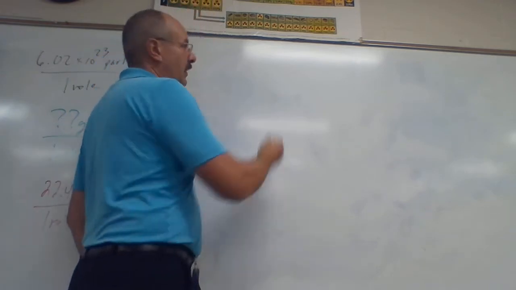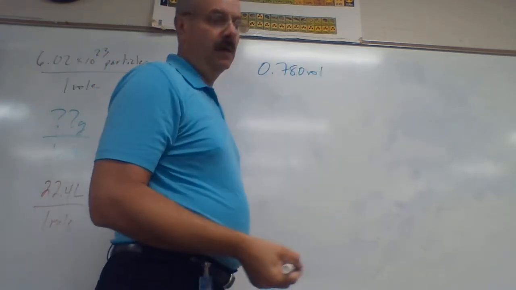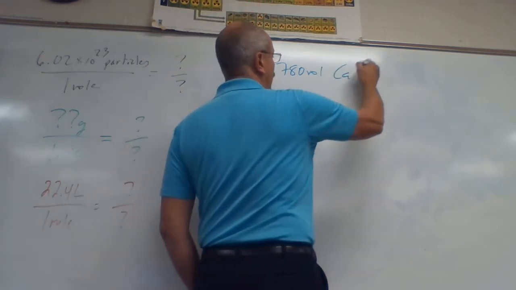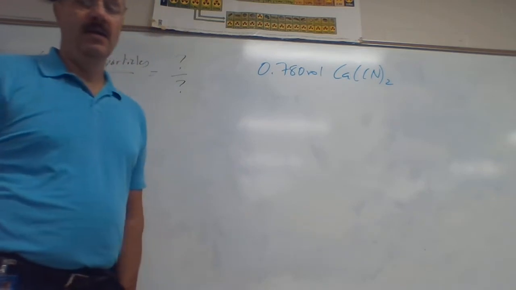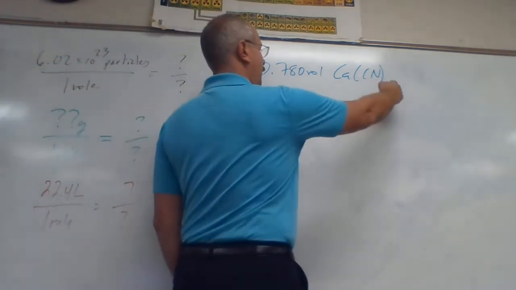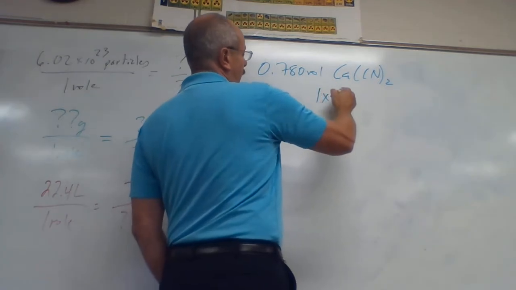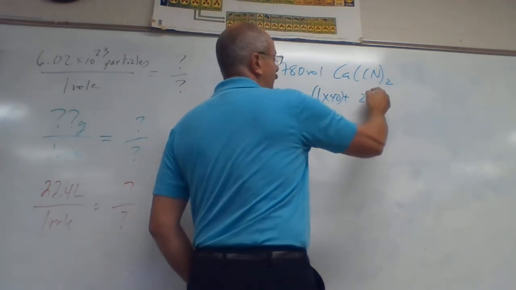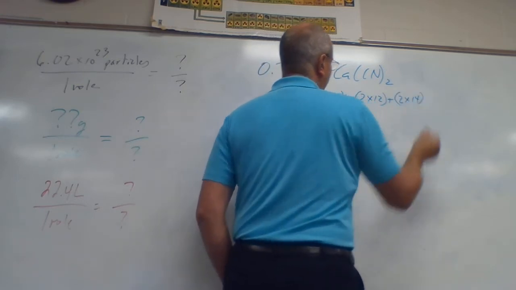Letter C, they gave me 0.780 moles of CaCN2, calcium cyanide. Again, that 2 on the outside really means 2 carbons and 2 nitrogens. So I have 1 calcium times 40, plus 2 carbons times 12, plus 2 nitrogens times 14.